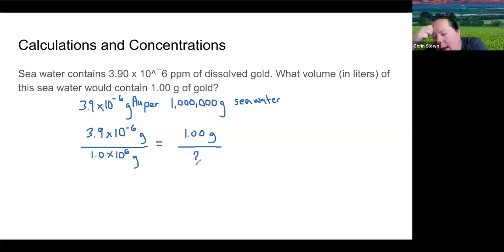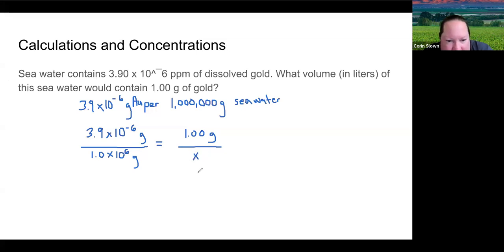I know the density of water is 1 gram per milliliter. So if I know the amount in grams, then I can convert to volume, and from volume in milliliters, I can convert to volume in liters. So let's do that. These are very dilute solutions. What is this value going to be? I'm going to replace our question mark with an x because that's the variable we're solving for.